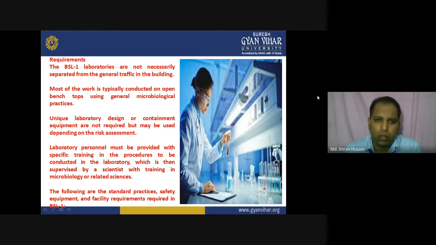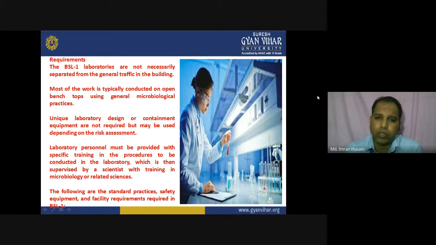Most of the work is typically conducted on open benchtops using general microbiological practices. The main aim is that students are trained in general microbiological practices, the normal handling required in the microbiology lab, and the other essential skill set.